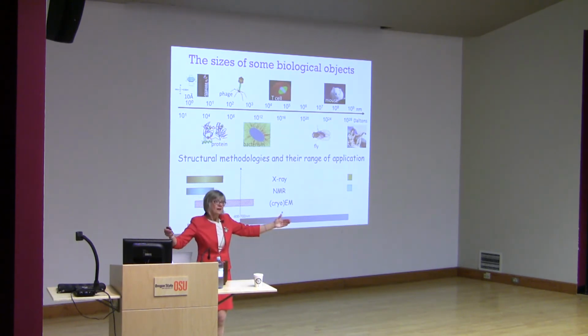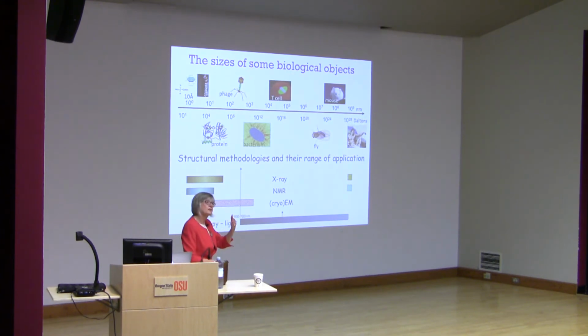So immediately we will realize that you cannot use a single methodology to look at all of those different objects. You all know that if you look at an organism like a human, you can open your eyes and use light and you can discern whether there is one person sitting in the chair there and another there.